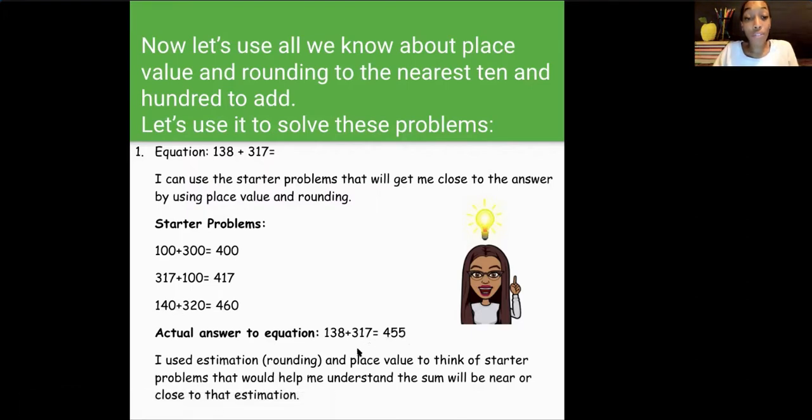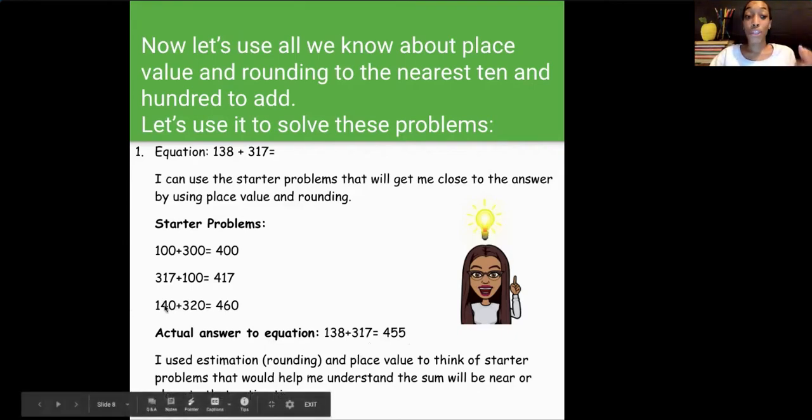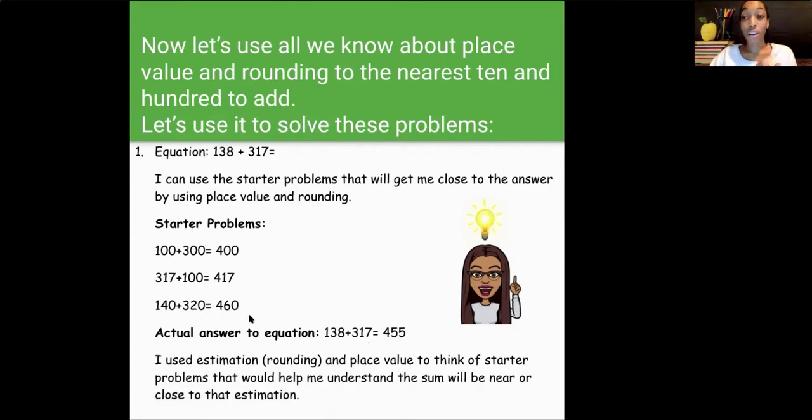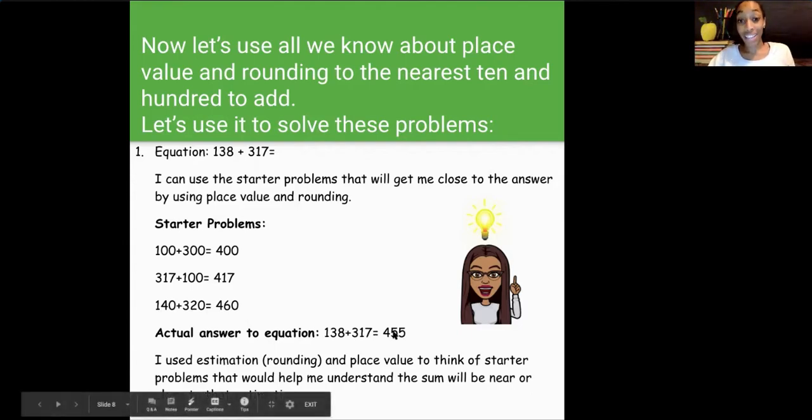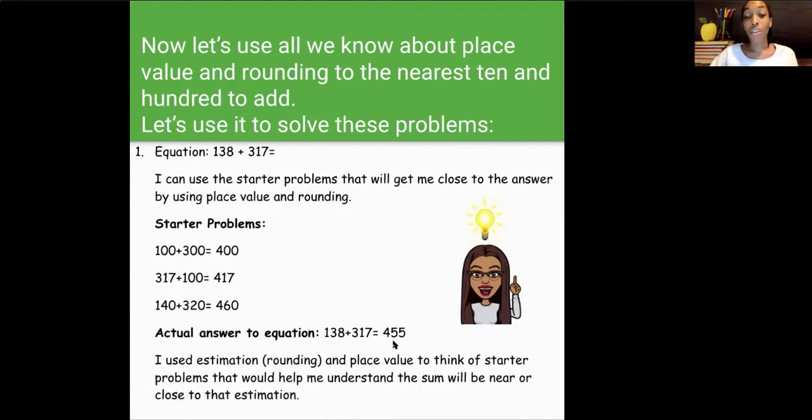The most helpful starter problem was the third one. 140 plus 320 equals 460. That starter problem helped me get a really good idea of where my final sum was going to be. And it was very close. 455 is only 5 away from that starter problem answer.